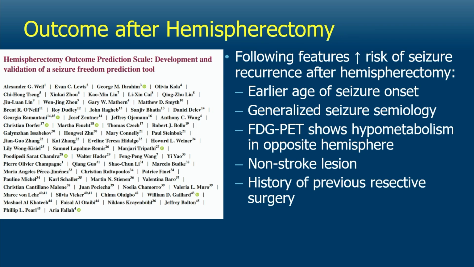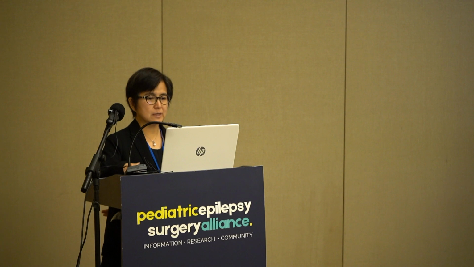So what are these factors? If the seizures occur earlier in life, if there's generalized seizure semiology, if there is bilateral PET abnormality, if there's non-stroke abnormality, and previous history of epilepsy surgery prior to the hemispherectomy. If any of these factors are present, then the seizure freedom rate is somewhat lower compared to if these factors were not present.